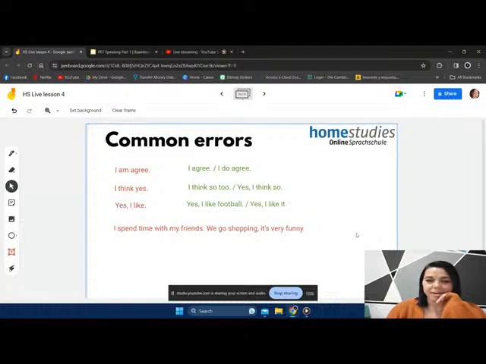What's the mistake here? This is a very, very common mistake. I've heard it from lots of students. I've heard it in lots of exams. It is a mistake. What's the problem with this phrase? Come on, guys, in the chat.